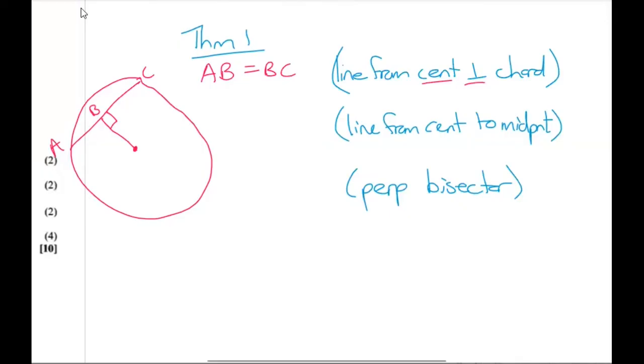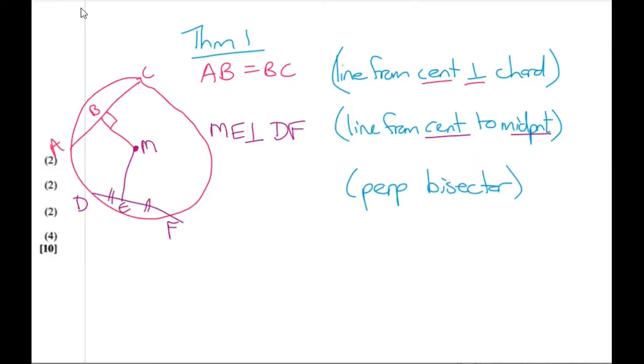Okay, the next option we might have here is a line from the center going to the midpoint of the chord, D, E, F. So my statement here would be that ME is perpendicular to DF. Notice I'm talking about the perpendicular in my statement, and in the reason I'm talking about the center and the midpoint. So I've used all three concepts.